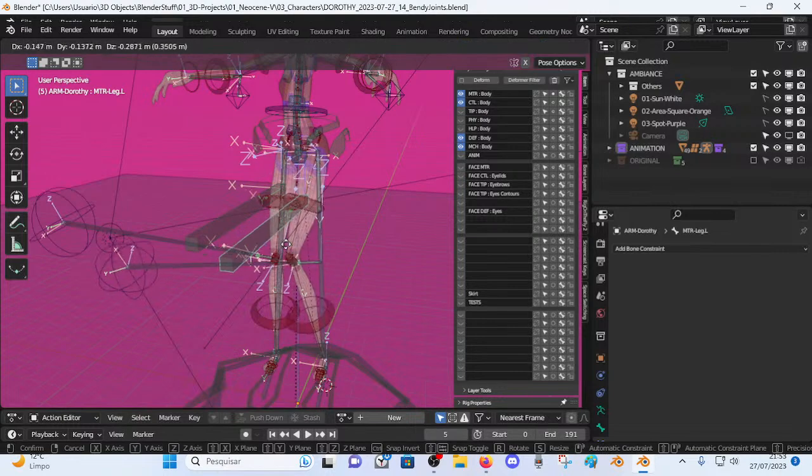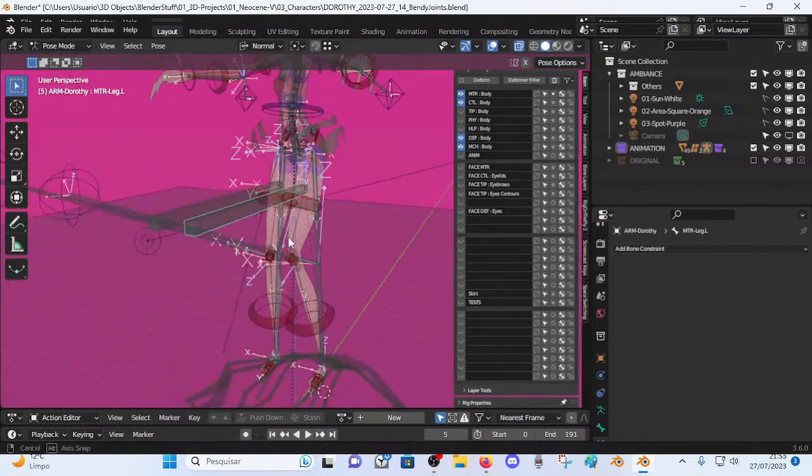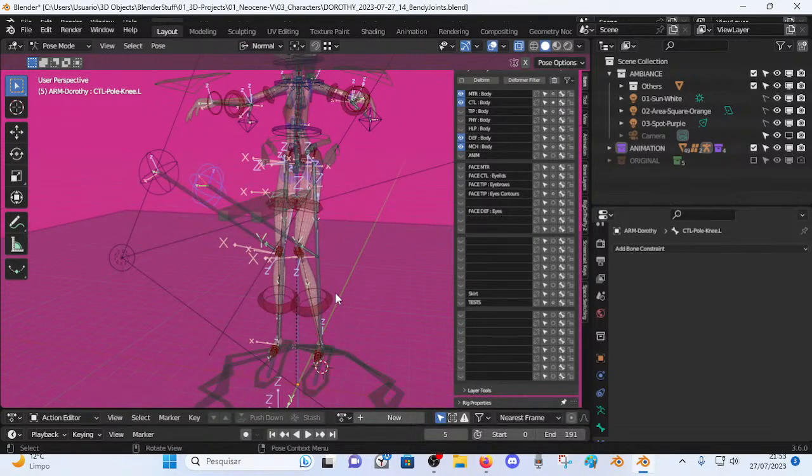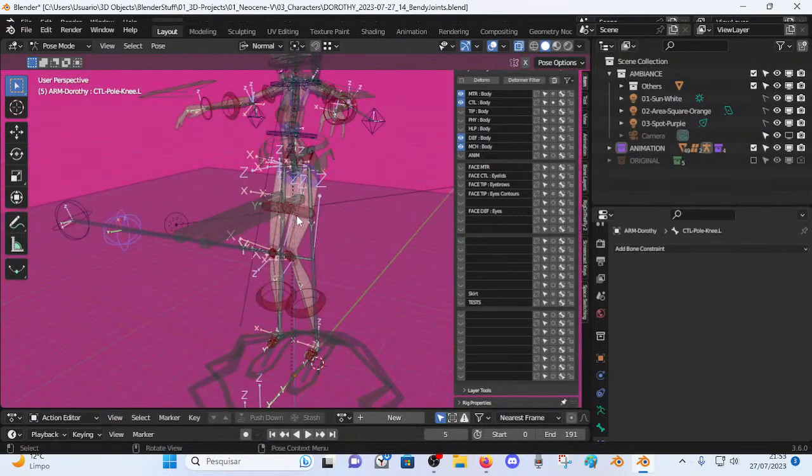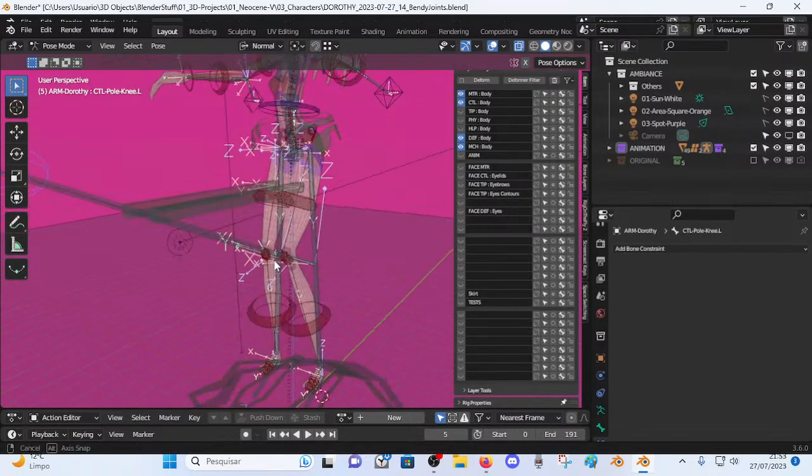Perhaps I can use that new IK chain, which will be like a normal IK rig, but it wouldn't affect directly, it will be like a ghost rig.